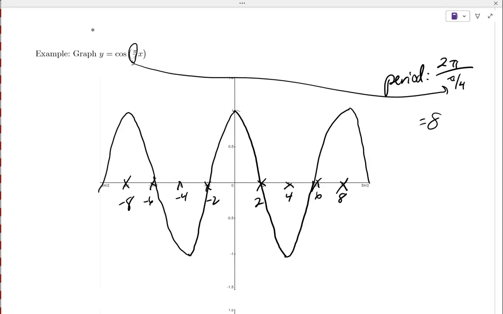In fact, if you were doing this problem, you probably wouldn't have put the scale on first, right? You know what the cosine graph looks like. You probably would have said, oh, hey, the period is 8, so I'll make the cosine repeat at 8 and then fill in the numbers in between. A quarter, a half, 3/4, 1, essentially of it, right? That's half of 8, that's half of 4, halfway in between is 6. That's how I got the scale to begin with.